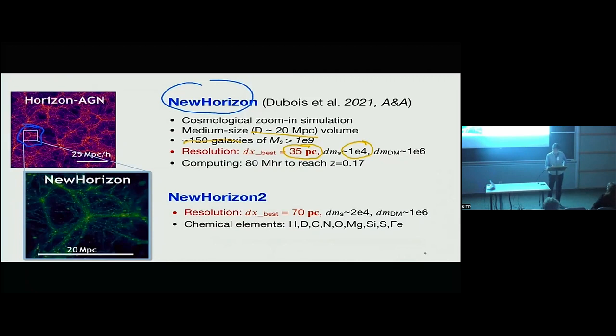We burnt a lot of computing time and reached z of 0.17, only to realize that we didn't really have the chemical elements in enough detail. So later I ran New Horizon 2, a sibling with a little bit poorer resolution, but including all the chemical elements to study galactic structure a little bit better.